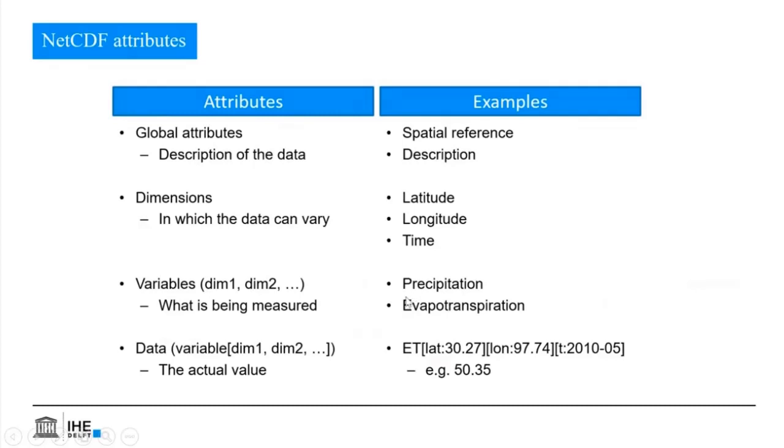And the data will then be arranged in the time and space index. For example, here, for the data variable ET, you can access it with the index of latitude, longitude, and time. And then you can get the actual value of that grid in the data layers, in the data variable.